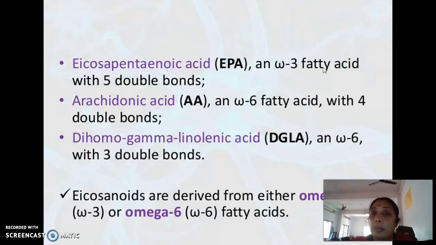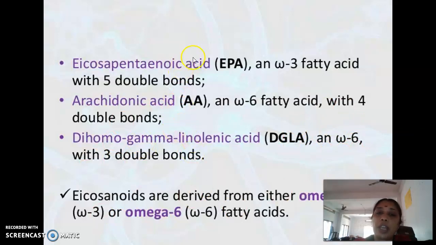Such a fatty acid is known as an omega-3 fatty acid, while arachidonic acid is an omega-6 fatty acid. It does not have a double bond at the 3rd position from the omega carbon atom; it has a double bond starting from the omega-6 position, with 4 double bonds. And dihomo-gamma-linolenic acid, or DGLA, is another omega-6 fatty acid with 3 double bonds.